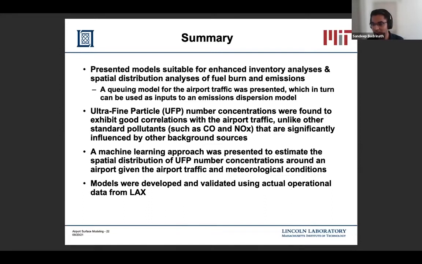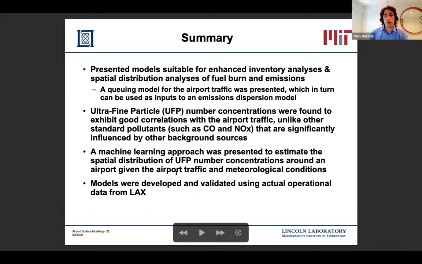I probably missed that. Assuming you knew the weather and the predominant winds, and you were observing certain hotspots on the surface, could you, while obviously being constrained in doing this, reconfigure your surface movements in a way that minimizes the dispersion of pollutants onto communities around the airport?